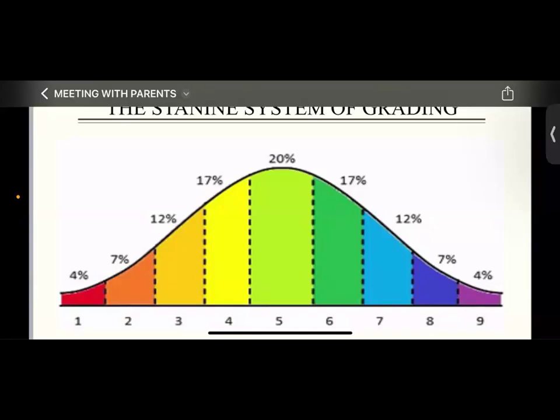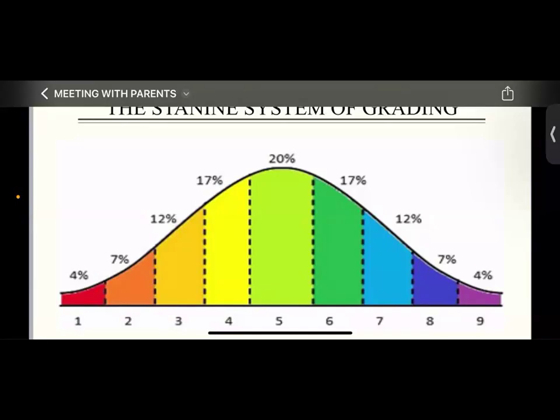Then it will start dropping. If you are getting a 6, then you are part of the next 17%, then 12, then 7, then the last 4% will be given a 9. The next best 7 after the 4% will be given an 8.